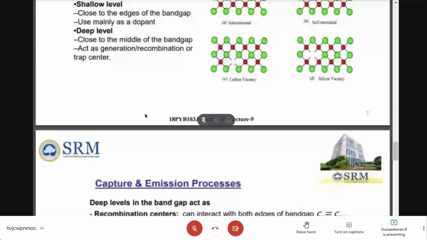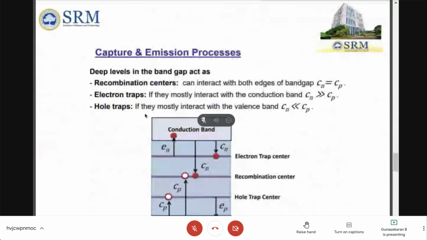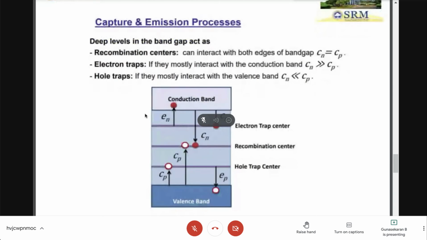See, in the deep level, for example, in the normal region between the valence band and conduction band, that is in the energy gap, please understand, when both Cn and Cp are equal, you say that is a recombination center, exactly at the center. Cp and Cn are the capture rates of the holes and electrons, so both are almost equal, and that is recombination.